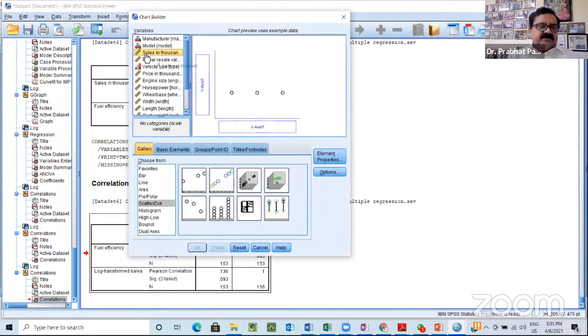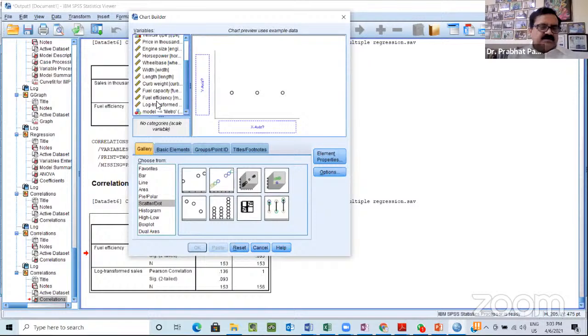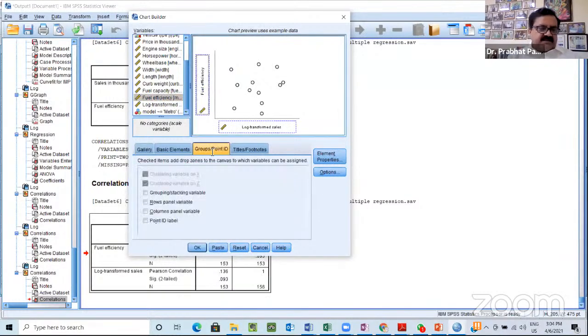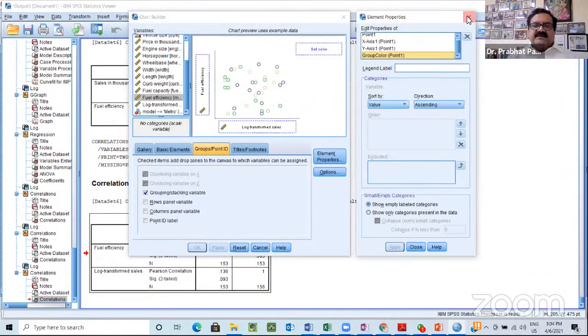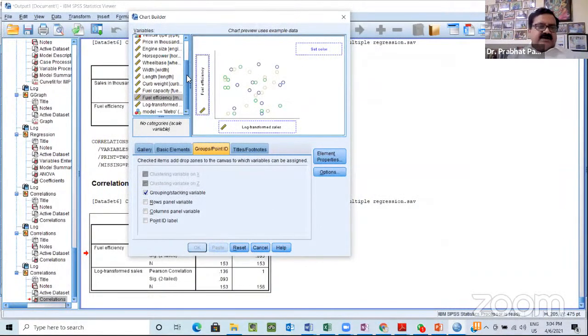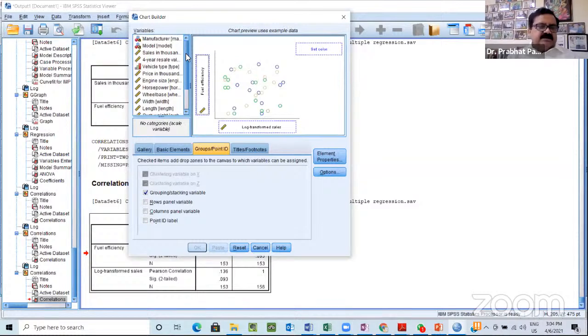So I'm going to keep the log transformed sale, not the sale. So I'm taking the log transformed sale here and fuel efficiency. And then I'm saying stack the data by setting two different colors on the basis of vehicle type, right?